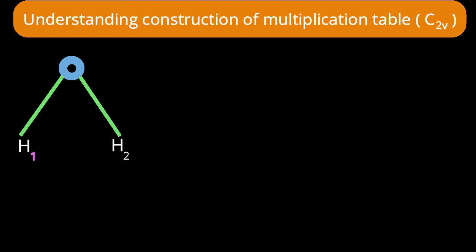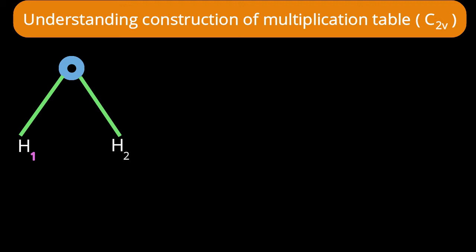The molecule is in the XZ plane. So how is our x-axis? Left and right. How is the z-axis? Up and down. How is the y-axis? Approaching towards us and away from us. If I perform the C2 operation, then H1 will come to the position of H2 and the nose will go away from us.